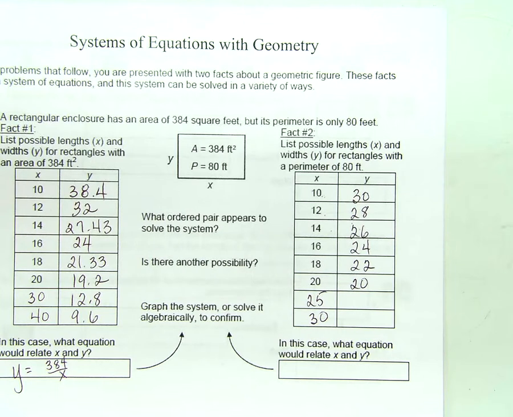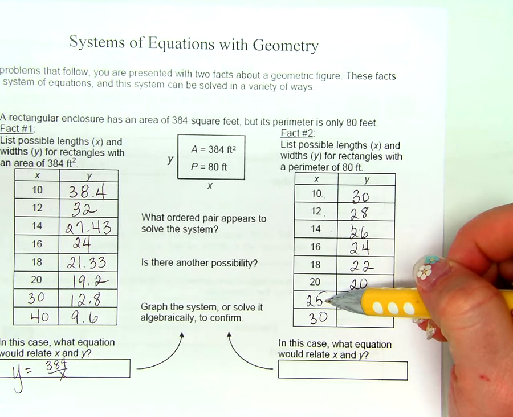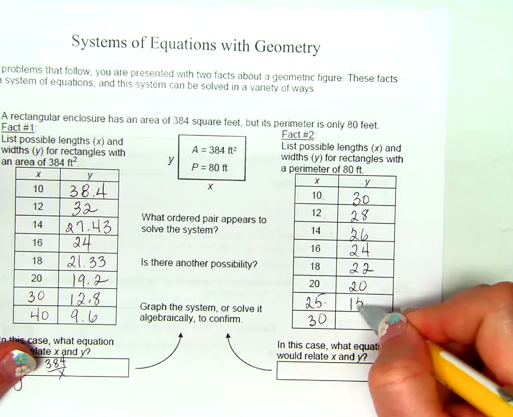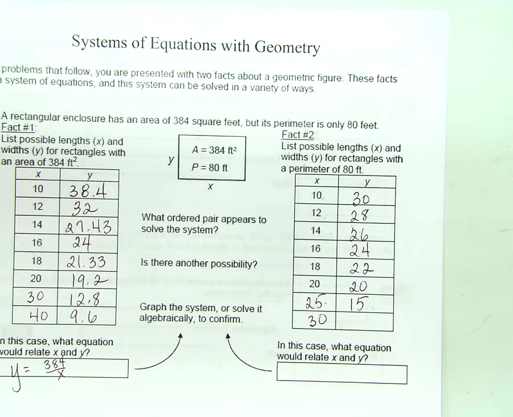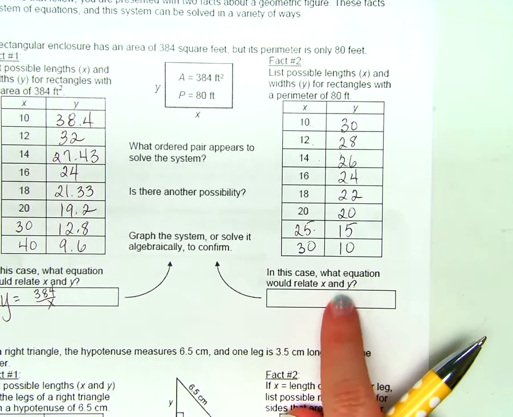Can we still go by the pattern? What's 80 minus 50? 30 and half of 30? 15. What about 30? 10. How did we get y?